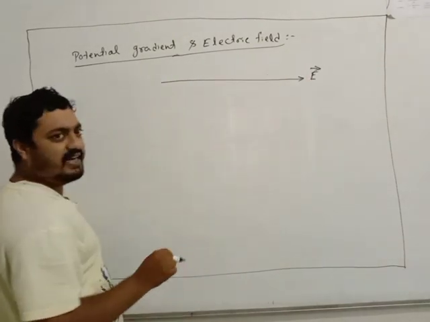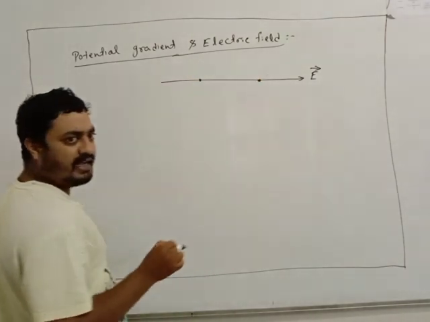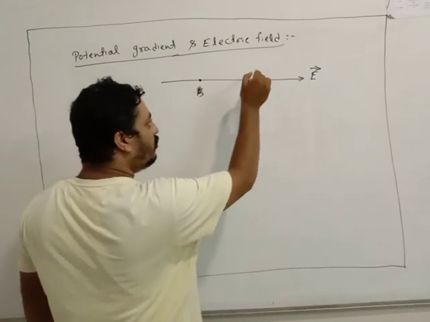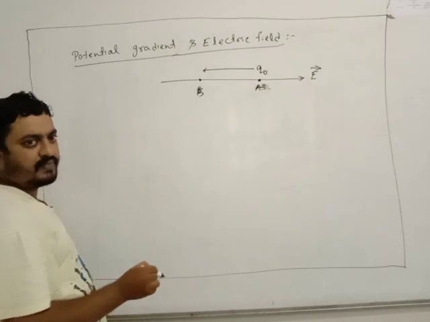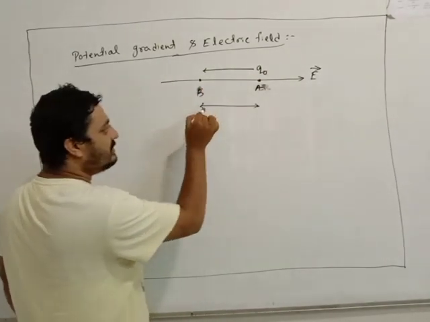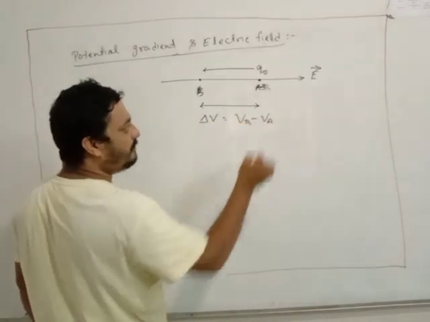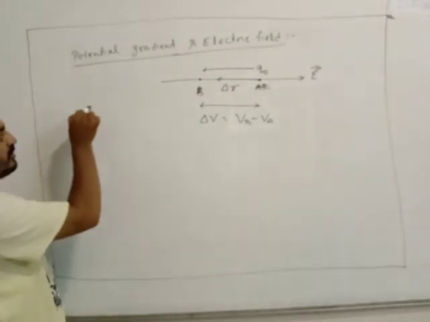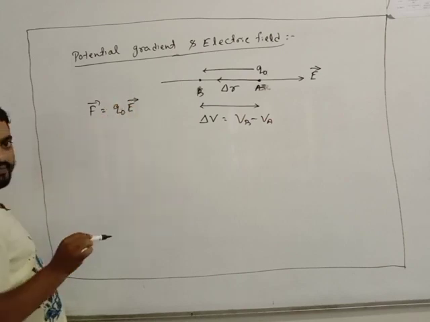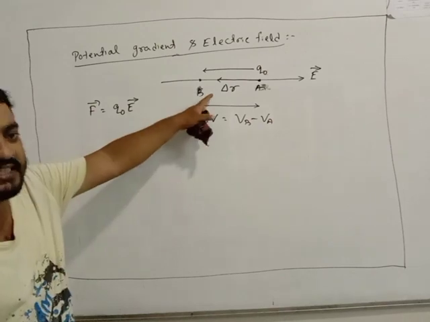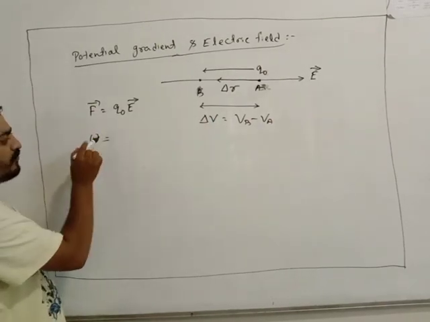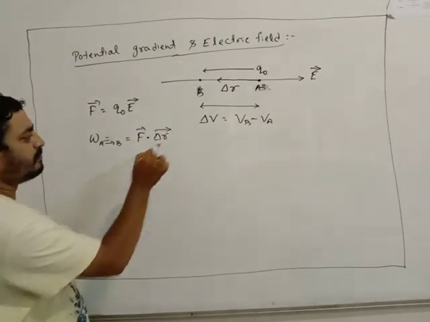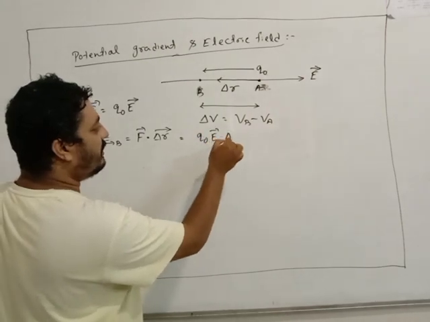Suppose there is an electric field E. Now there are 2 points A and B. Let this be A, this be B. Now suppose we have to move a charge Q naught from A to B. Let the potential difference delta V equal to VB minus VA, and this distance is delta R. So the force on Q naught, F equal to Q naught times E. Displacement from A to B, the charge is moved, the displacement is delta R. Then work from A to B is F dot delta R, equal to Q naught E dot delta R.